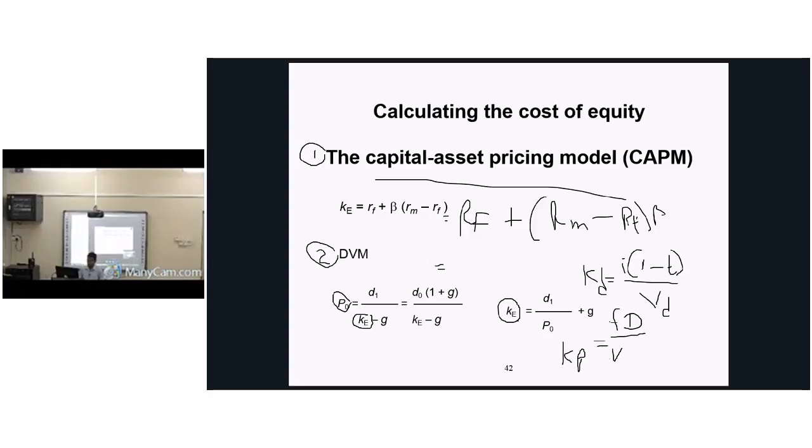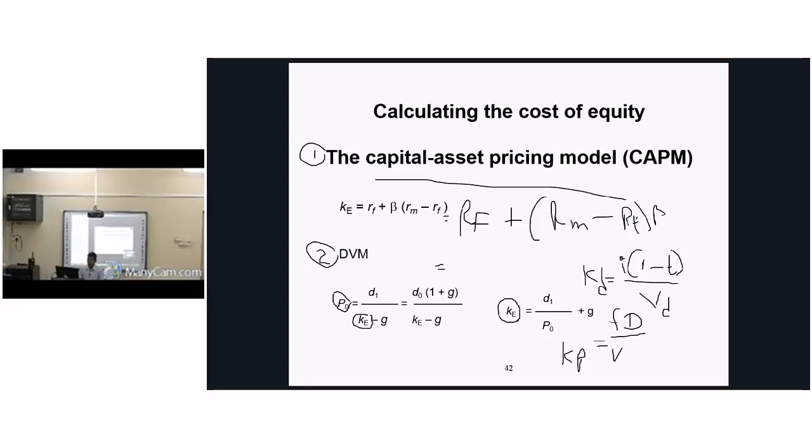Normally we can find it if you go to the balance sheet under share capital, in front of preference shares they will say 8% preference shares. So that's the cost of preference shares, it's already given. Sometimes the cost of debt may not be given, so you may have to get the interest from the income statement.